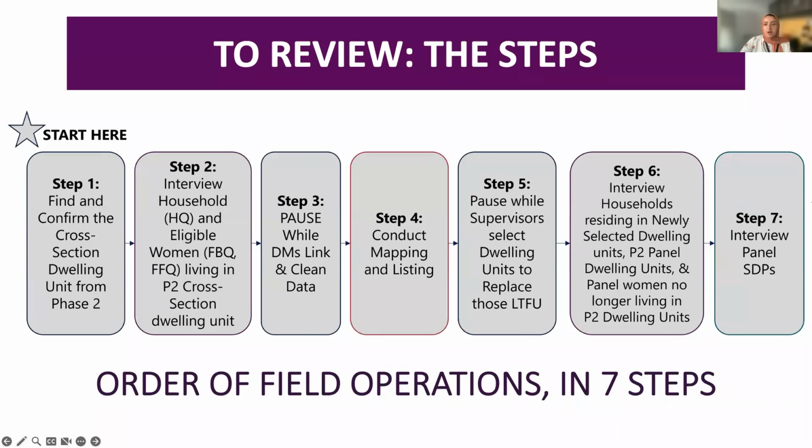Step 3, we paused while our data managers linked and created data and cleaned the data. In step 4, you moved on to conducting mapping and listing. In step 5, you paused while supervisors selected the dwelling units to replace any dwelling units that were lost to follow-up.